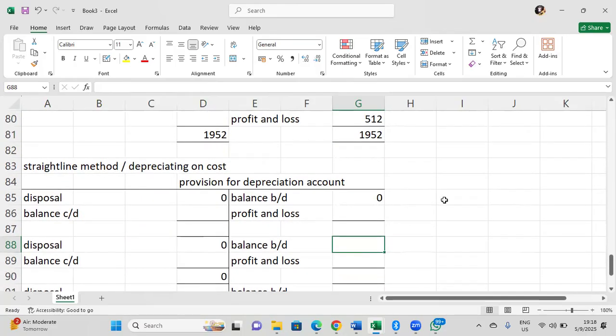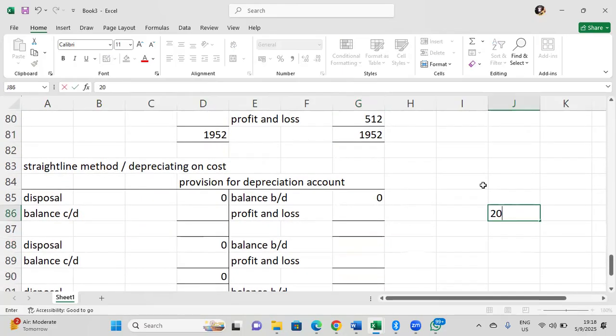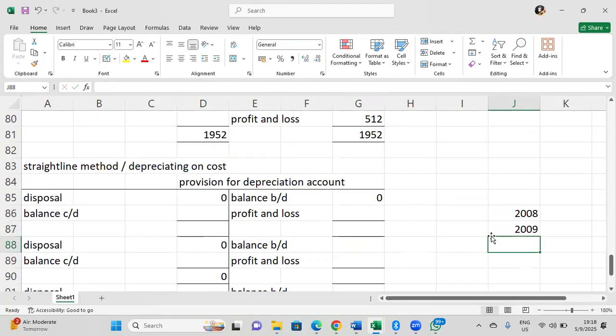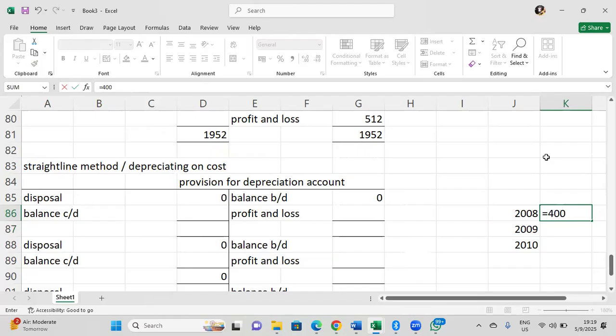So we have 2008, 2009, and 2010. For 2008, the depreciation, if it's on cost, you take the 4,000 and multiply it by the percentage.